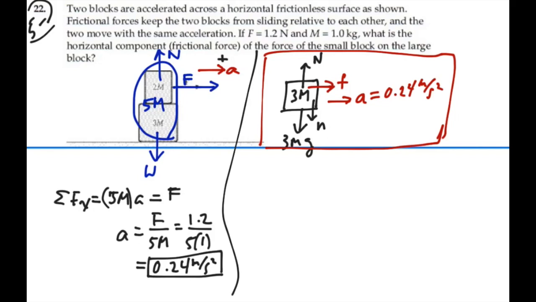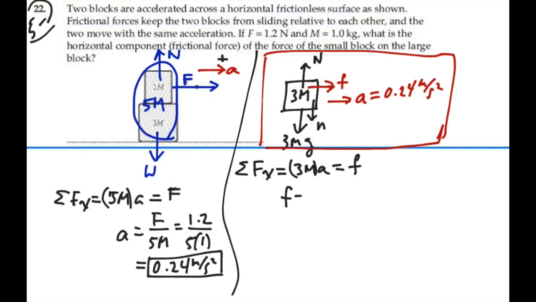If I were to set up Newton's second law based on this, summation of all the forces in the x direction is equal to, in this case, 3ma, and that's equal to the net force in the direction of acceleration, which is simply the frictional force.